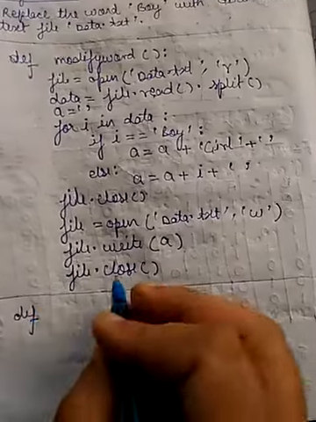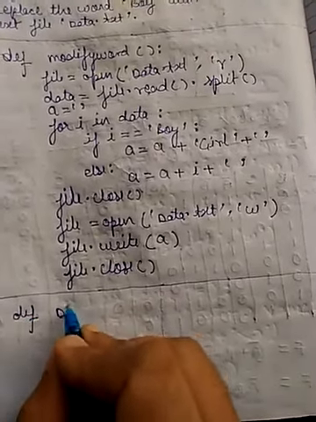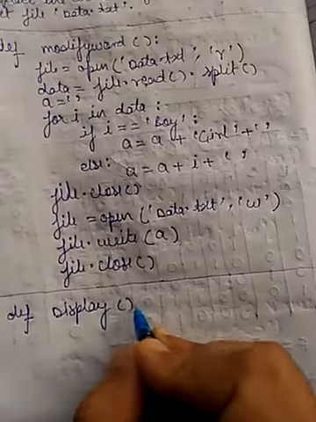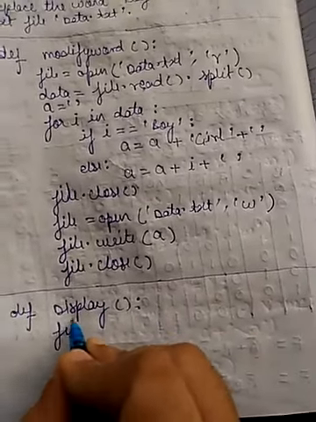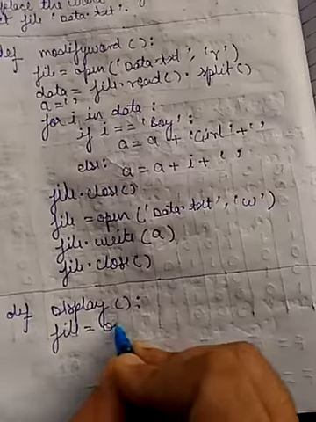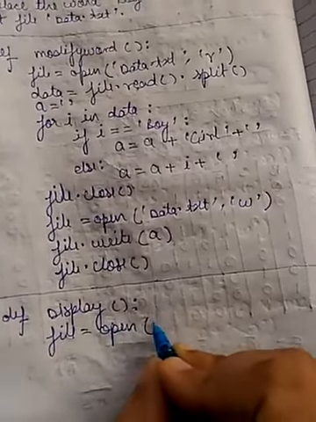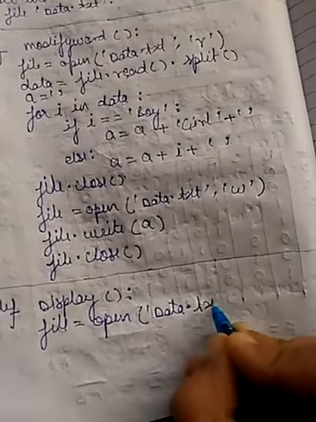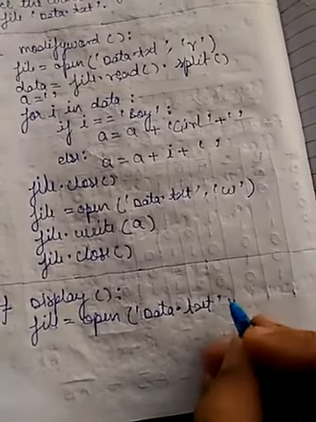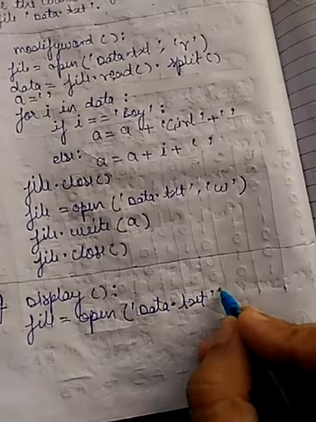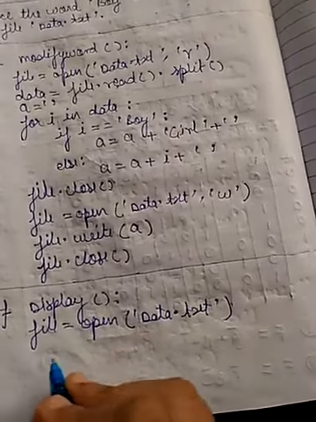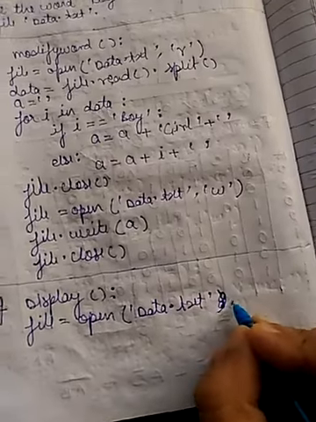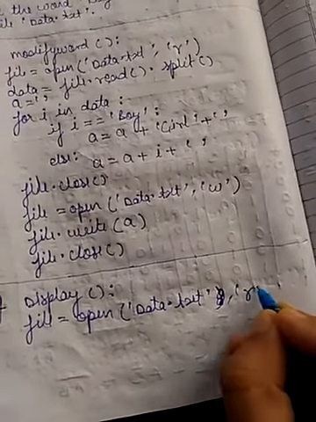It is not required in the question. Def display. File equal to open data.txt. By default it is reading mode, let us write read mode.